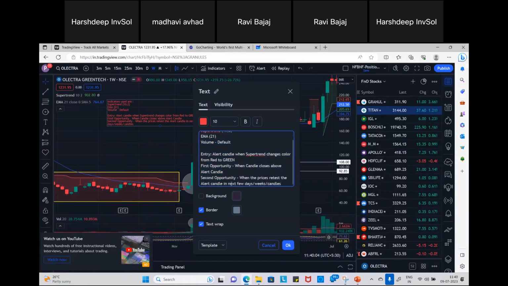So this is your entry, exit criteria. One, price action based.